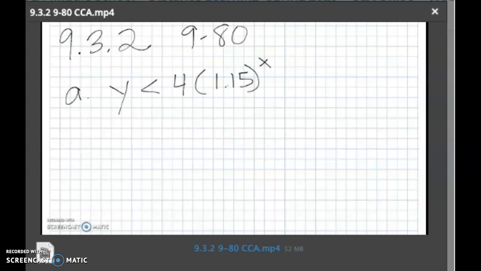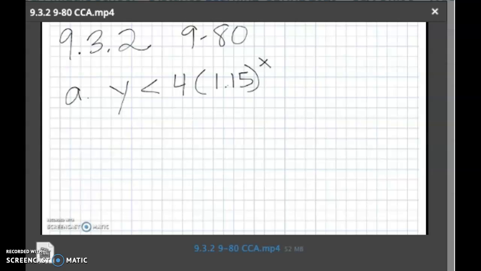Hopefully you're looking at this inequality and noticing that it looks like an exponential inequality, because we have y is less than a times b to the x, if you remember that exponential equation we used to work with last trimester. So we need to graph a sketch of this inequality, and then figure out if our line needs to be dotted or solid and where we need to shade.